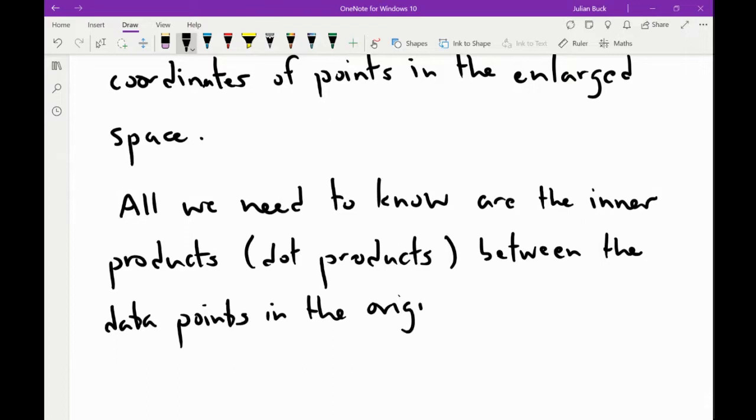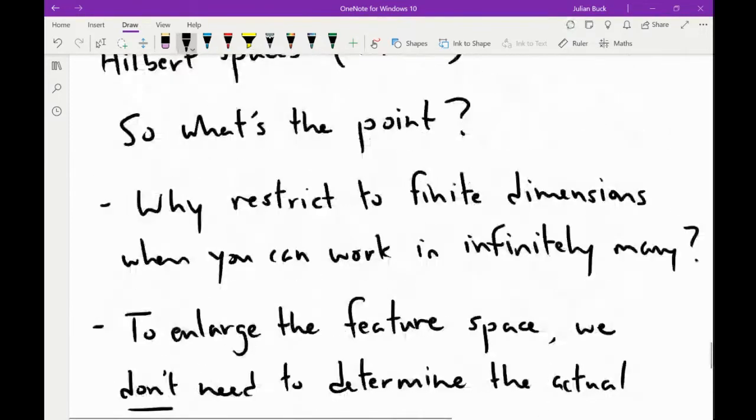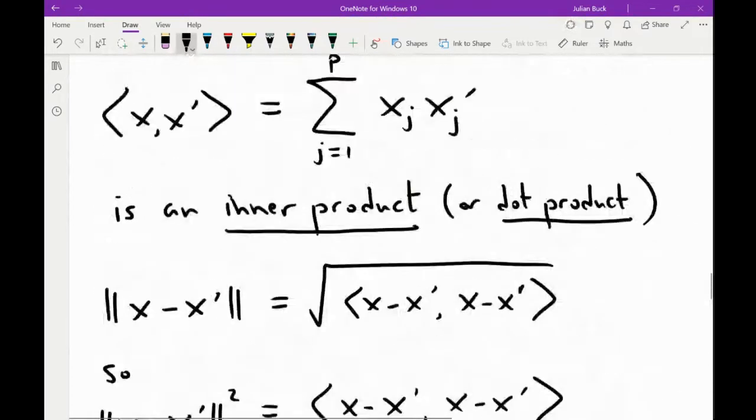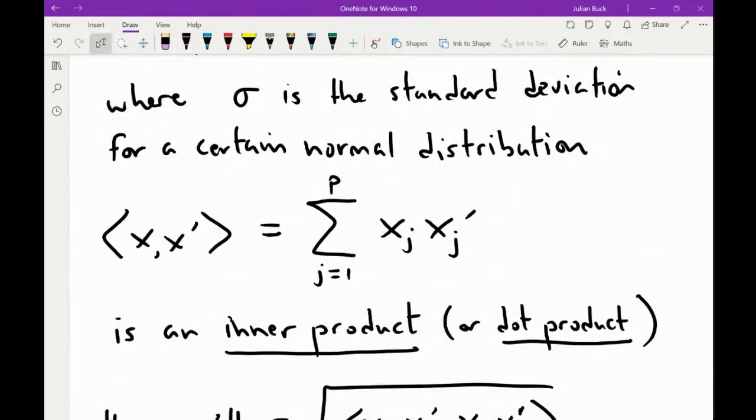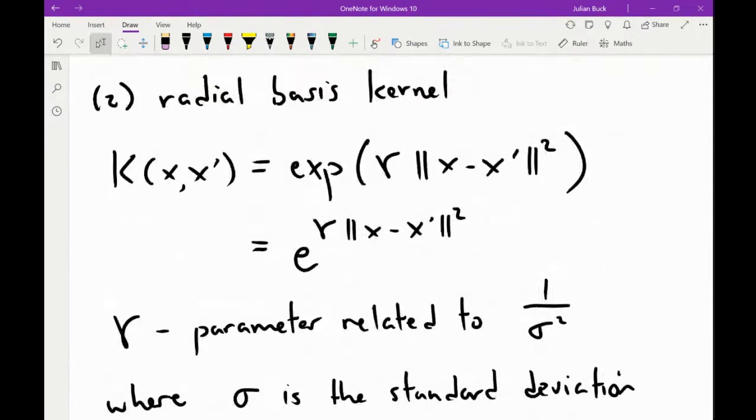So knowing how the original points relate together under this idea of an inner product is enough to implicitly determine how they would relate in the larger dimensional space without actually having to compute the coordinates. It's very useful to be able to do this, because all we're doing when we do these inner products is a bunch of multiplications and additions. That's all an inner product is. So after doing that computation, the rest of it is not that hard.